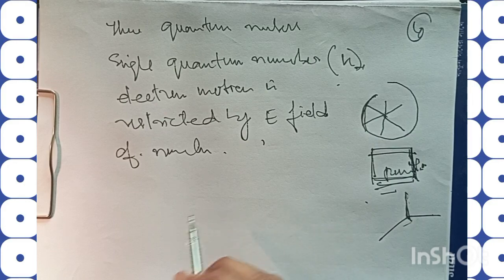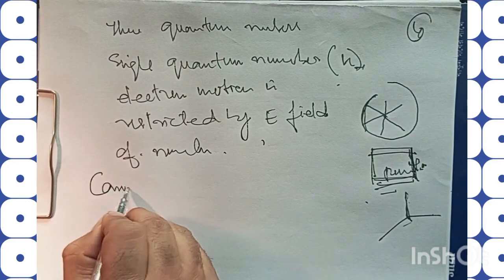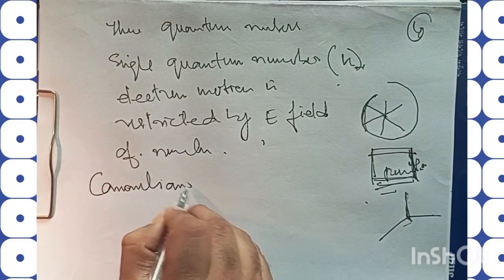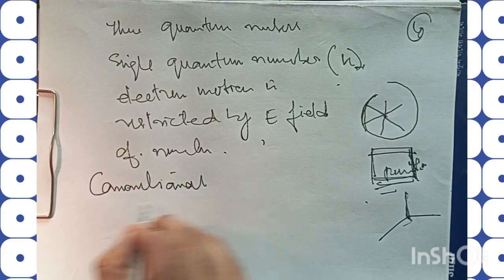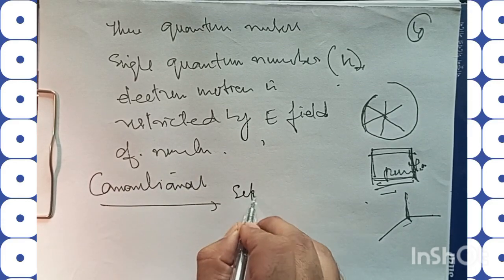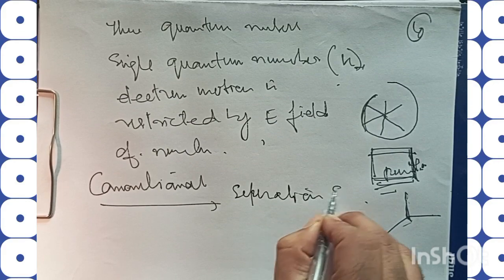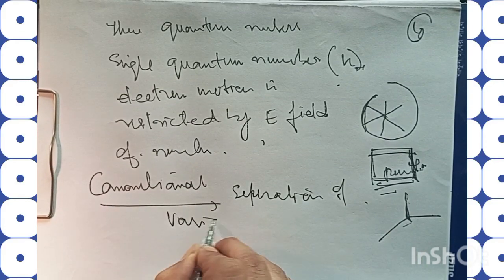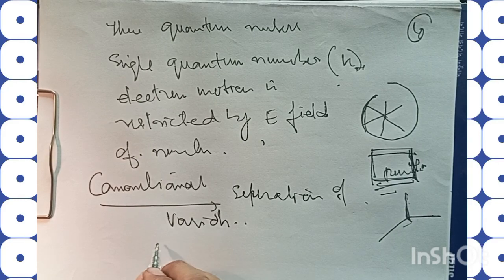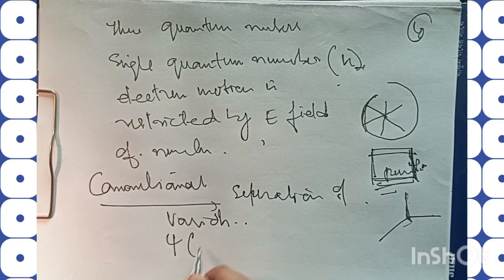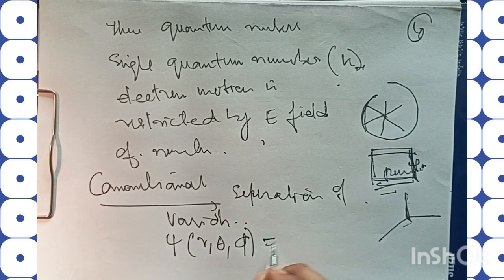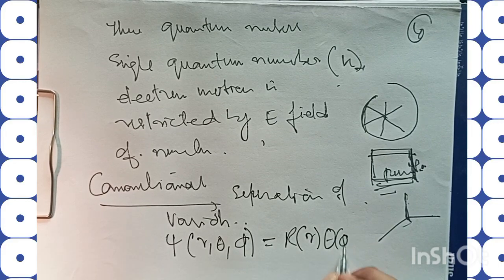And we have the conventional way of doing it. We make use of the mathematical technique known as separation of variables. We start with the wave function psi, which is a function of r, theta, and phi, and make it dependent on R of r, Theta of theta, and Phi of phi.